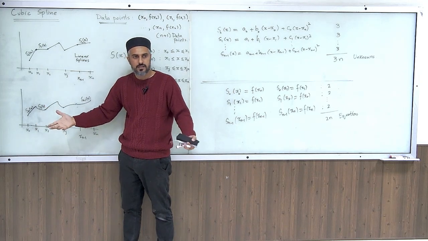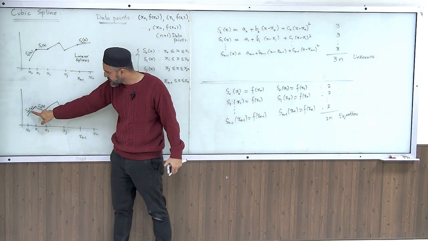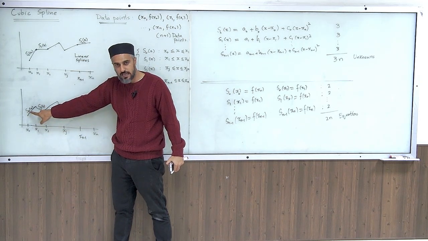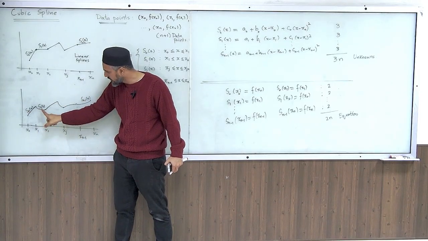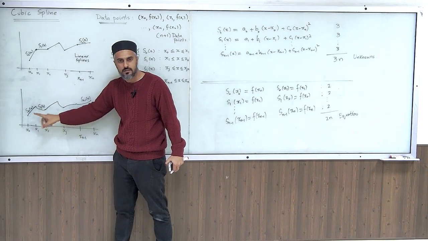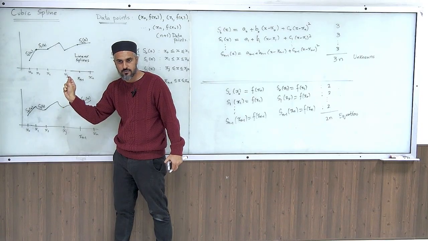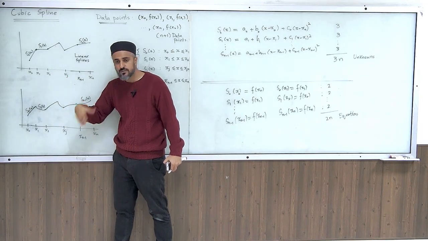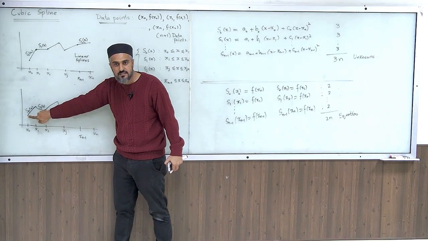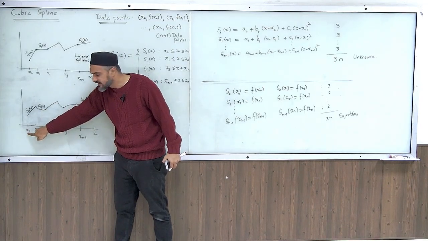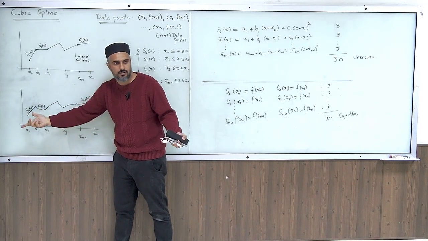And how do we connect them? We connect them so that S0 at x1 will be the same as S1 at x1. That's a connecting point. And there is one more piece of information, which is S0 at x0, at this endpoint, will be f of x0.